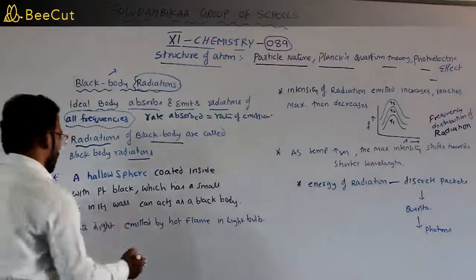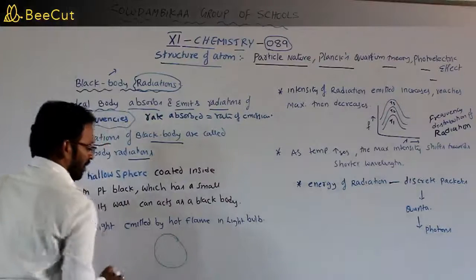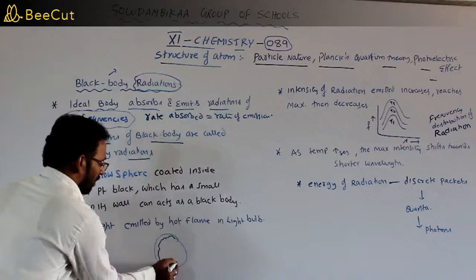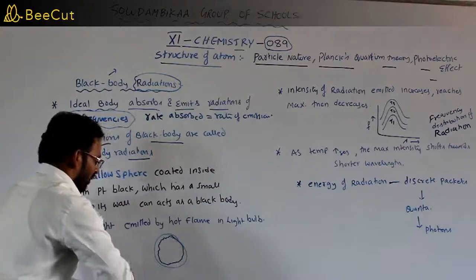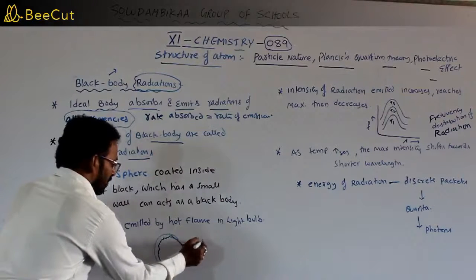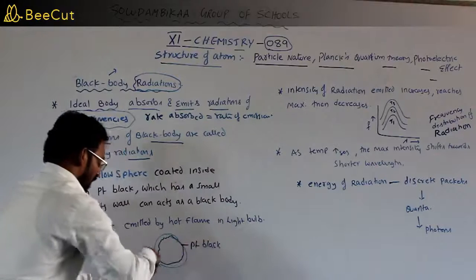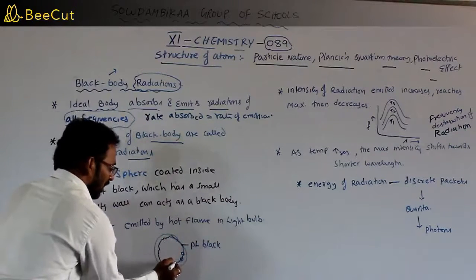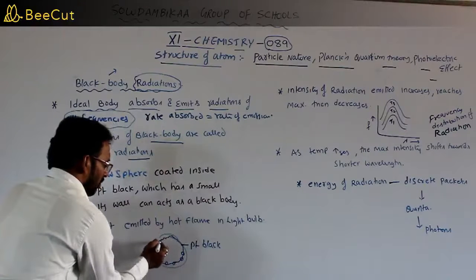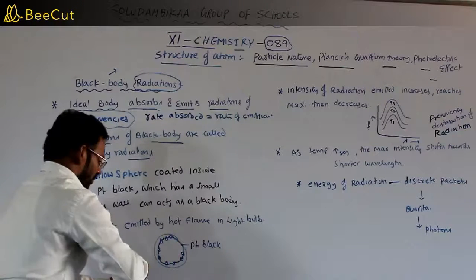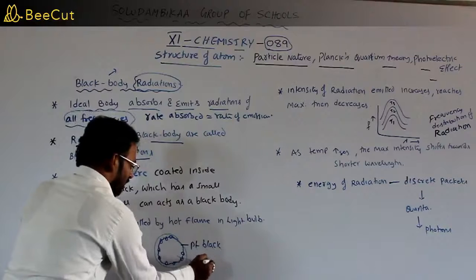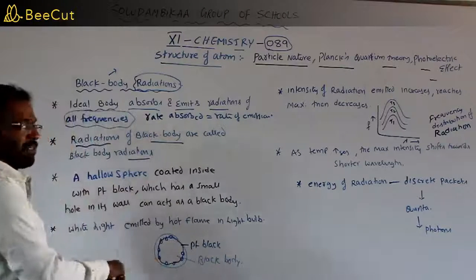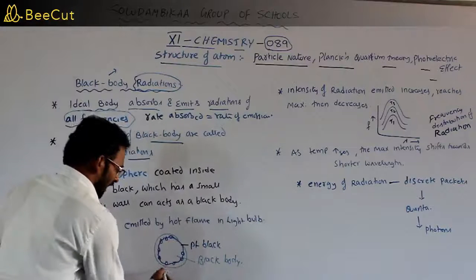For example, take a hollow sphere coated inside with platinum black, and make a small circular hole in it. This acts as a black body, because the rate of absorption is equal to the rate of emission.